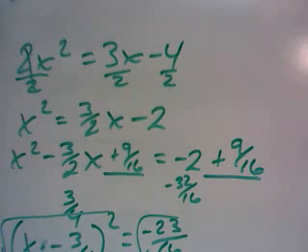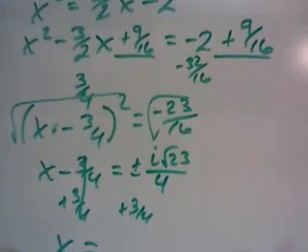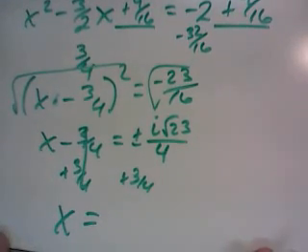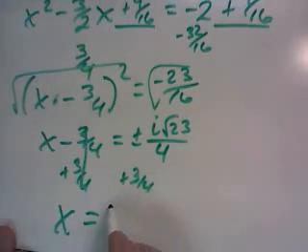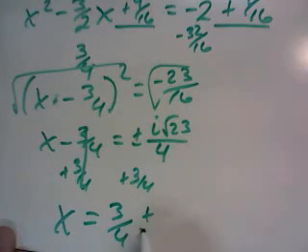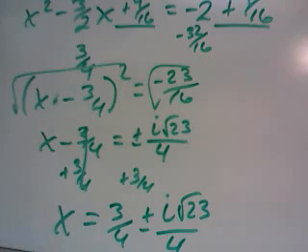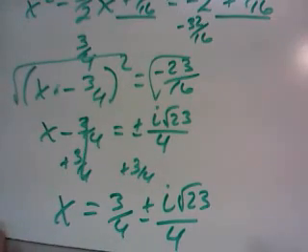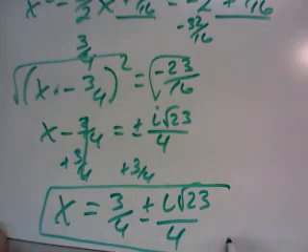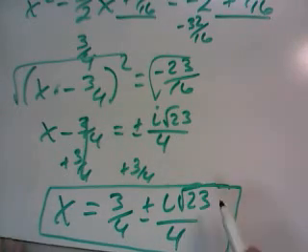Now when I add 3/4 to both sides, I will have x equals 3 over 4 plus or minus i radical 23 over 4. And that is what my answer will look like.